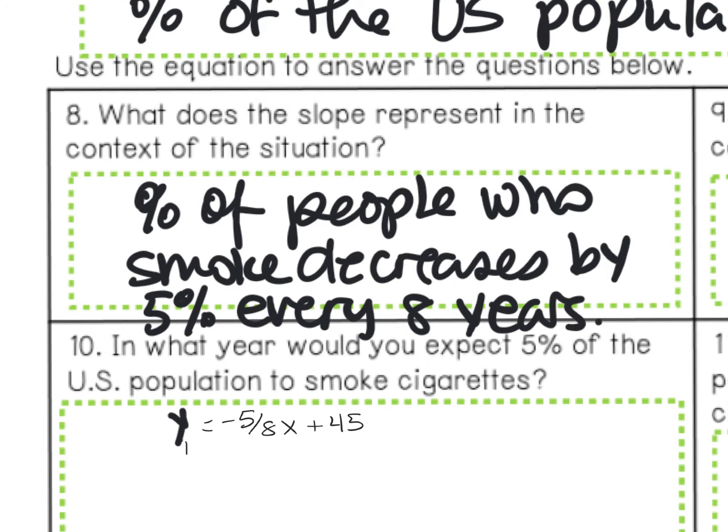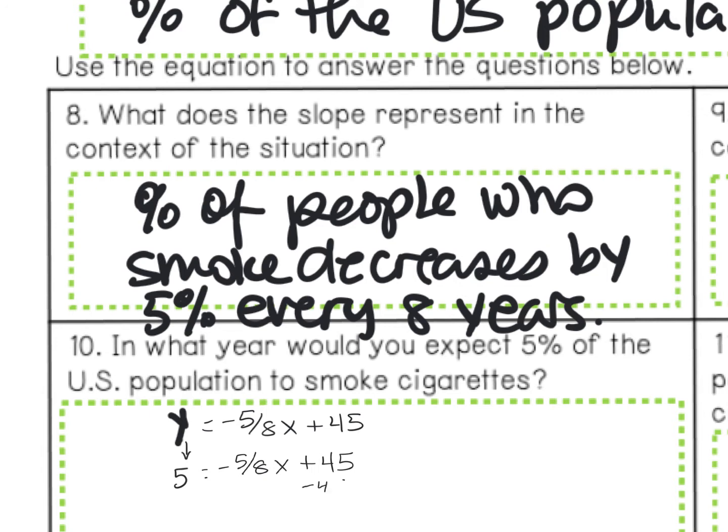So the y is the percent, so this is where I'm going to put 5. The 5 is where the y is because y represents the percent of the population. So that's where the 5 goes. And now I have to solve for x. So this is a simple two-step equation.